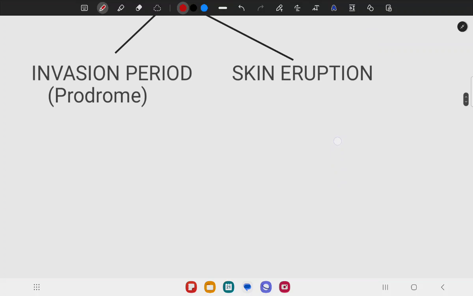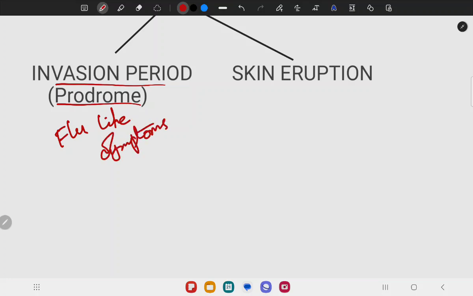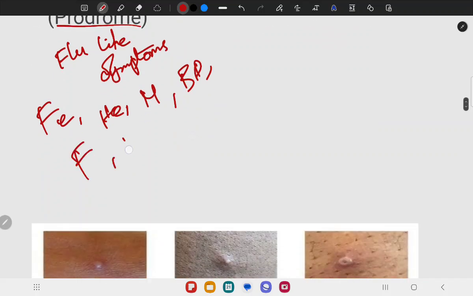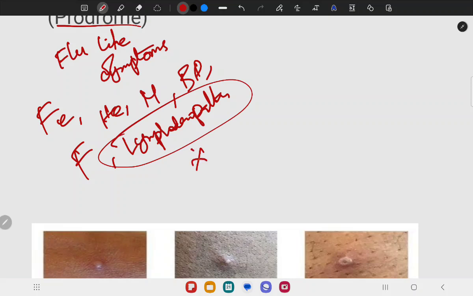One is the invasion period, the prodrome period, where flu-like symptoms are present. We all know the flu-like symptoms: fever, headache, myalgia, back pain, fatigue, and lymphadenopathy. This lymphadenopathy is very important.